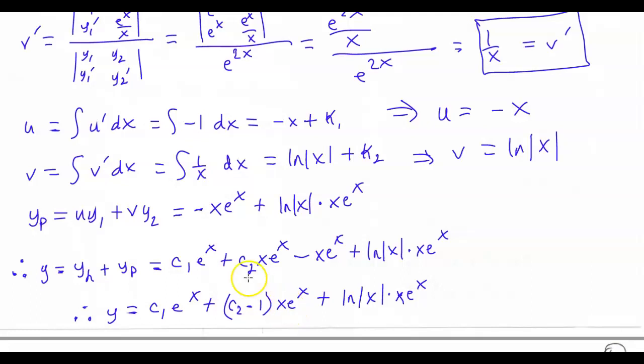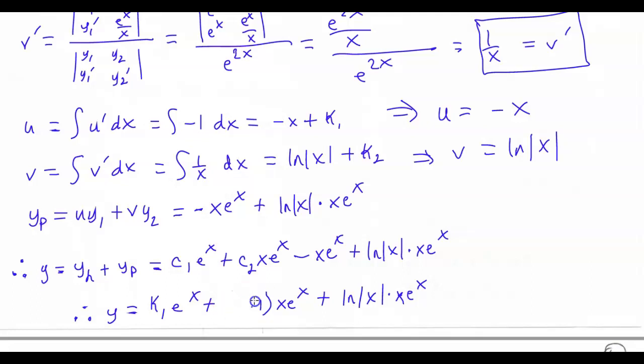What you could do to simplify this even further is let this c1 be a k1, and let this c2 minus 1 here be a k2.